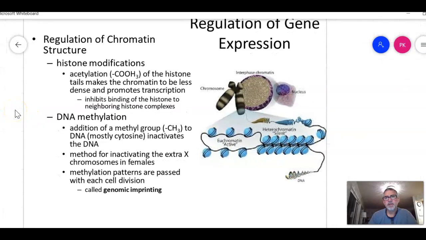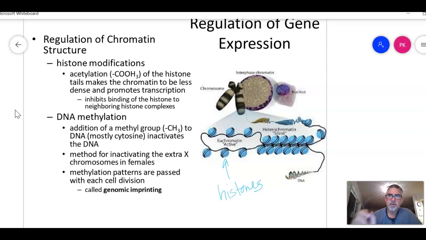So regulation of chromatin. All these little blue ball-looking things are called histones. And DNA is attracted to them, it winds around histones. Right?